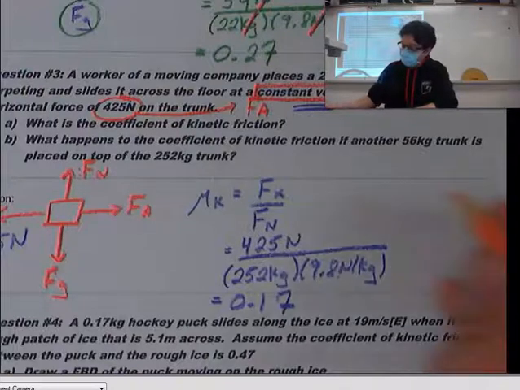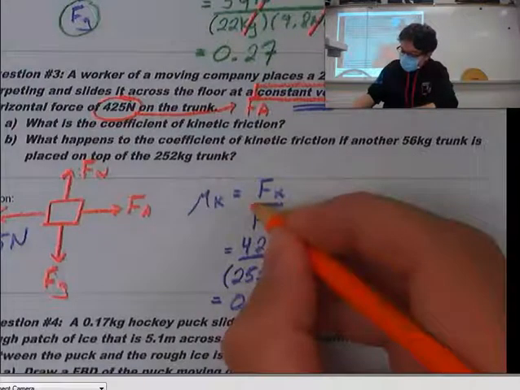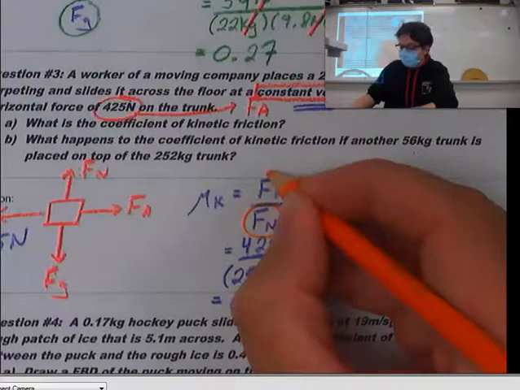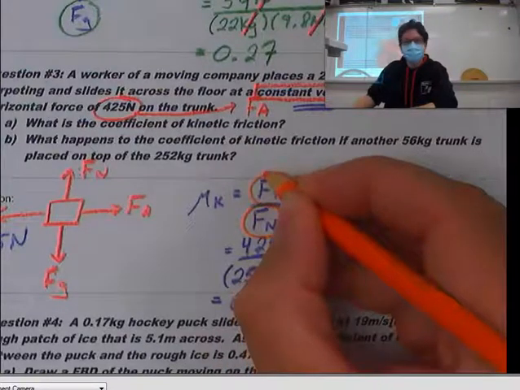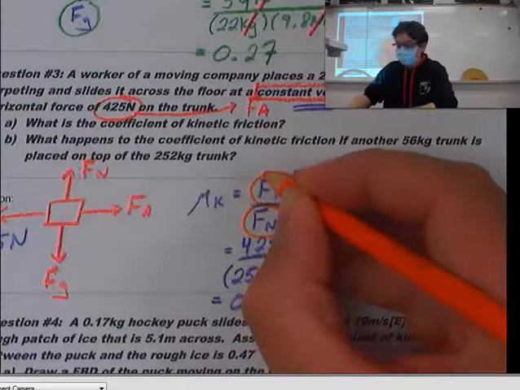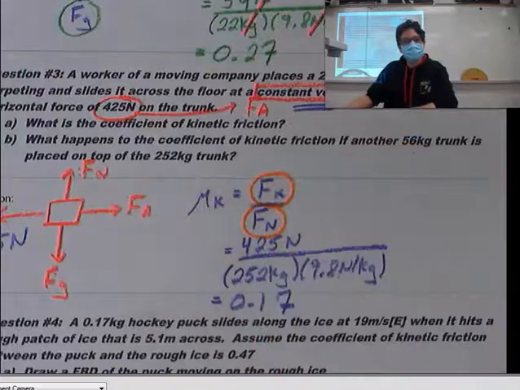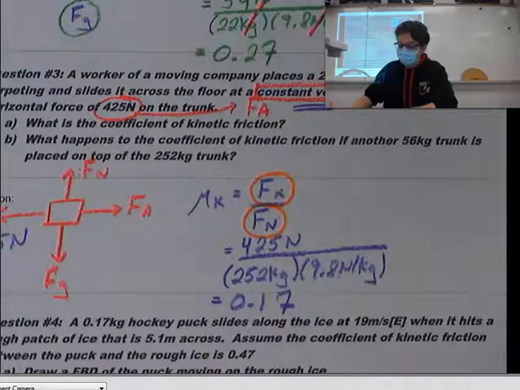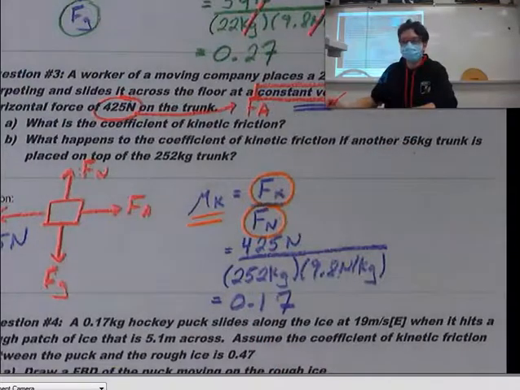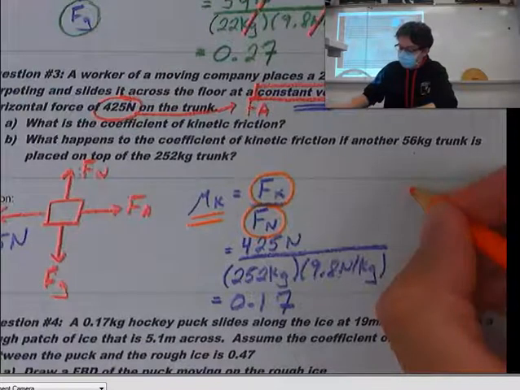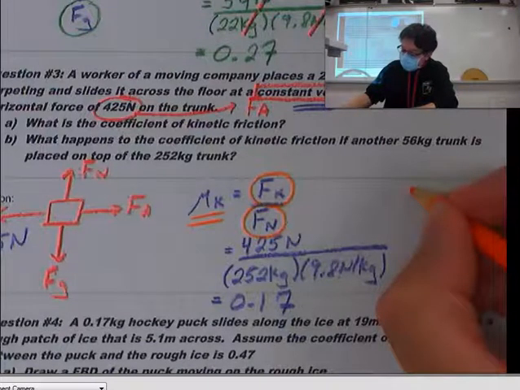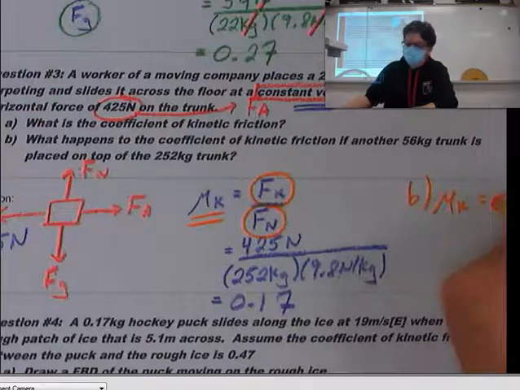If we increase the normal force, we're increasing the force of friction, and they both increase with the same proportion in order to keep that ratio the same. So for part B, mu k will still be 0.17.